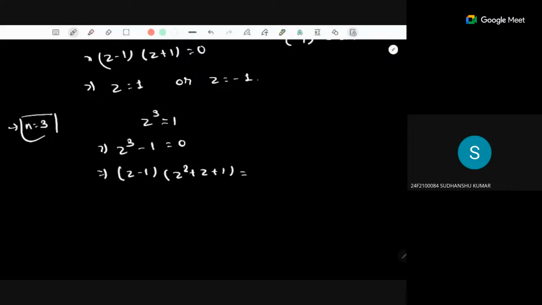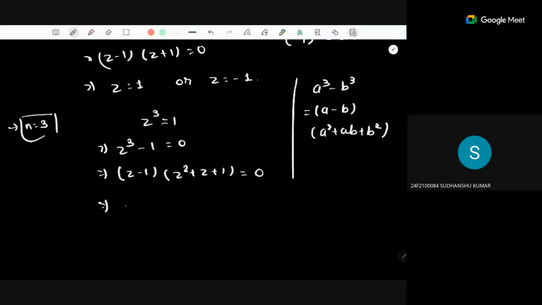This is the basic formula a cube minus b cube equals a minus b into a square plus ab plus b square. We need the product of these two factors to become 0. From the first factor we get z equals 1, and we need z which satisfies the quadratic equation z square plus z plus 1 equals 0.